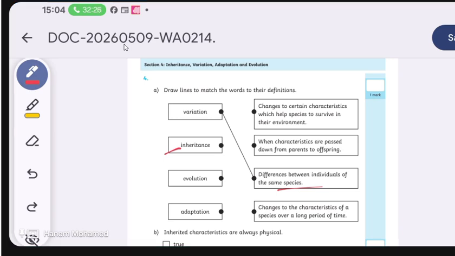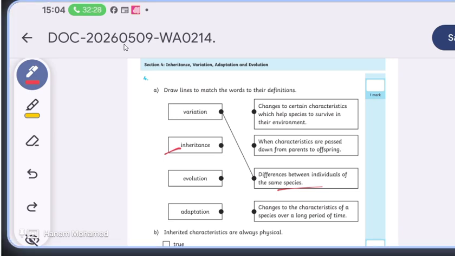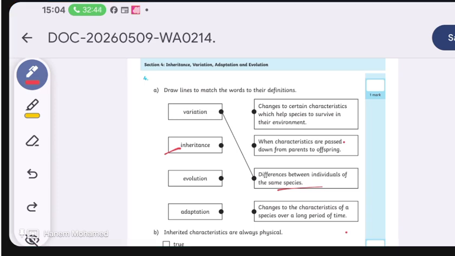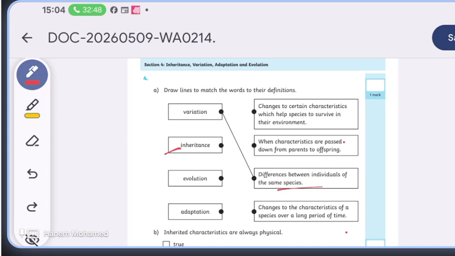Okay, so it will be changes to certain characteristics which help species to survive, or when characteristics are passed down from parents to offspring, or changes to the characteristics of a species over a long time. The inheritance, you are going to take your mother's characteristics, right?